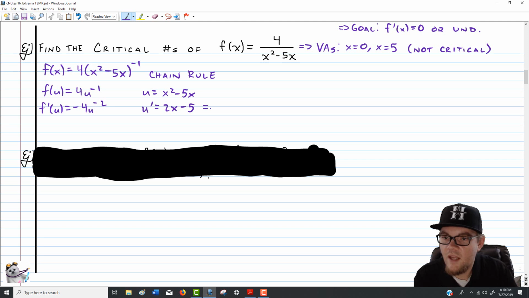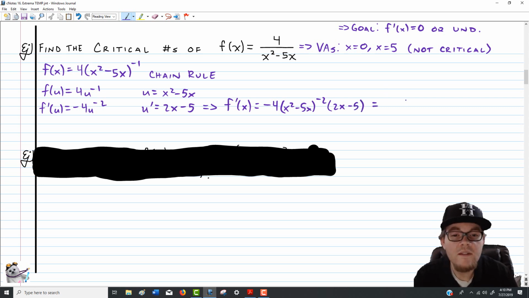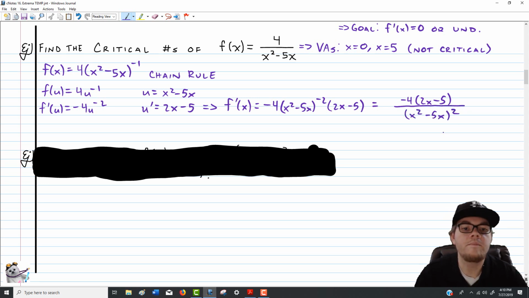If we bring this together, we can quickly get that f prime of x is equal to negative 4 times x squared minus 5x to the negative 2, times 2x minus 5. More specifically, if I write this in a slightly nicer way, this is equal to negative 4 times the quantity 2x minus 5, all divided by x squared minus 5x, to the second.